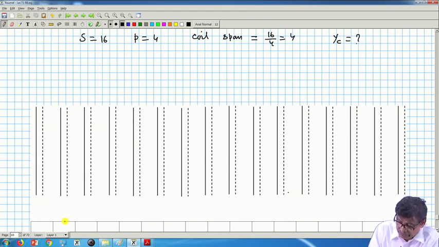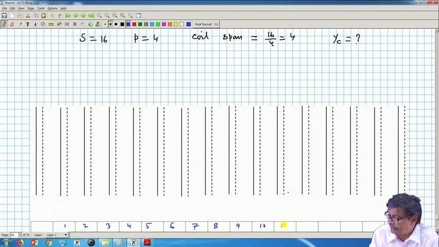And the winding pitch I have not yet decided. You start with slot number 1. This is commutator segment 1, 2, 3, 4, 5, 6, 7, 8, 9, 10, 11, 12, 13, 14, 15, 16, and after that once again 1 will come.